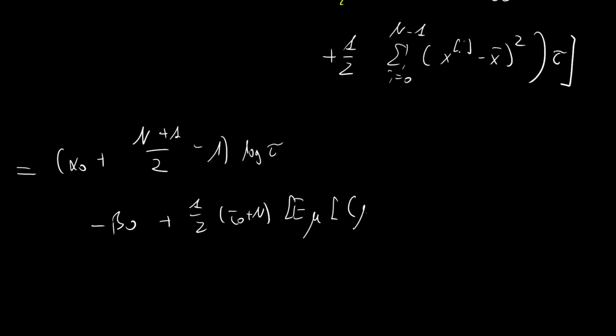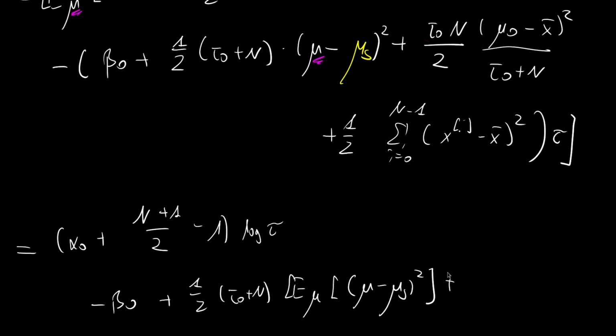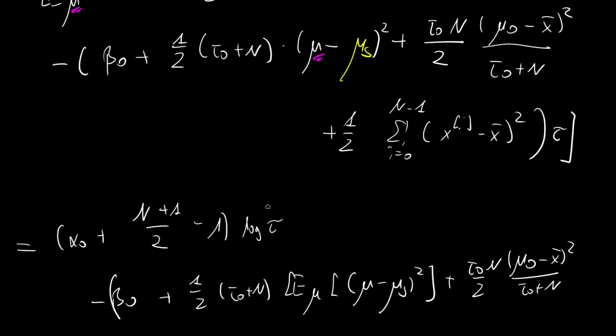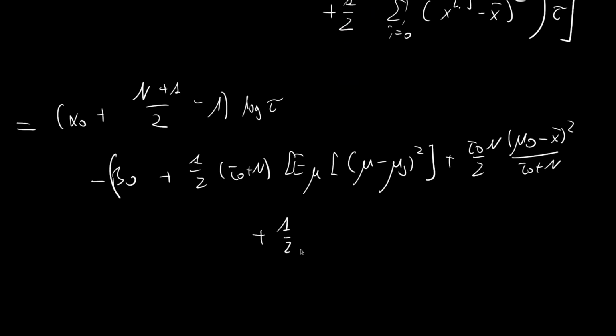So this should be mu minus mu s in brackets squared, and then closing brackets for the expectation, plus tau 0 n over 2 times mu 0 minus x bar in brackets squared over tau 0 plus n. And of course, there was this bracket here, plus 1/2 times the summation from i equals 0 to capital N minus 1 of x i minus x bar in brackets squared, and then closing brackets for this one here, times tau.